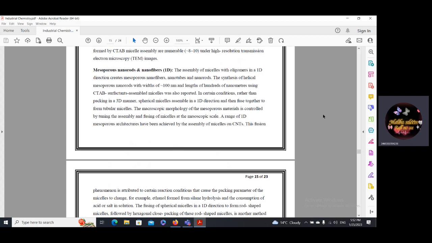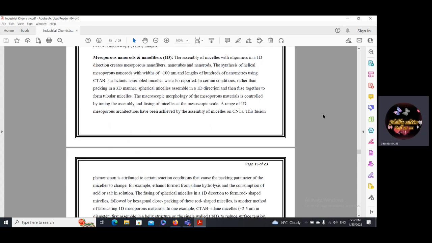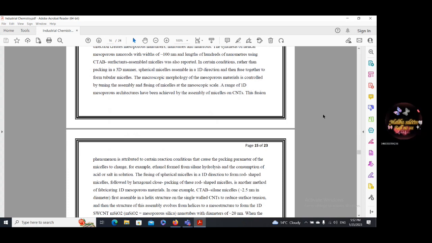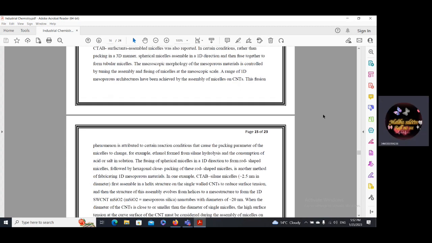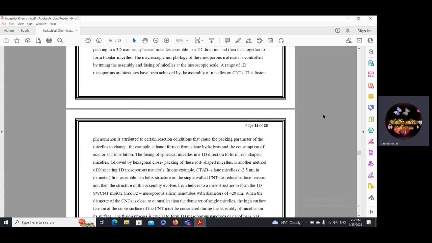In certain conditions, rather than packing in a 3D manner, spherical micelles assemble in a 1D direction and fuse together to form tubular micelles. The macroscopic morphology of the mesoporous materials is controlled by tuning the assembly and fusing of micelles at the mesoscopic scale. A range of 1D mesoporous architectures have been achieved by the assembly of micelles on CNTs.